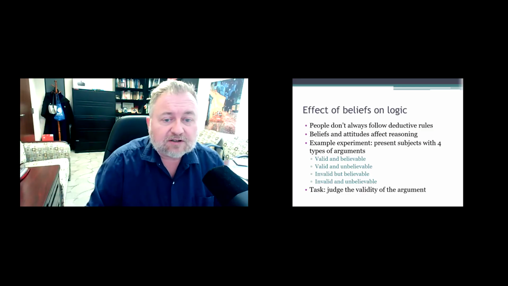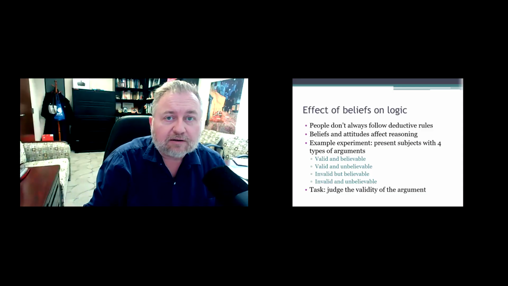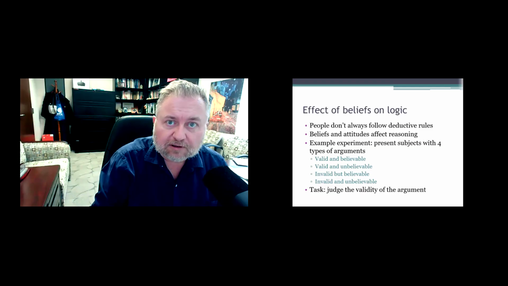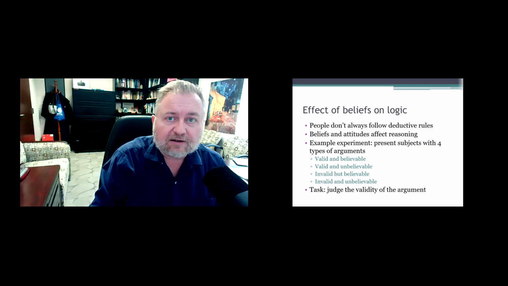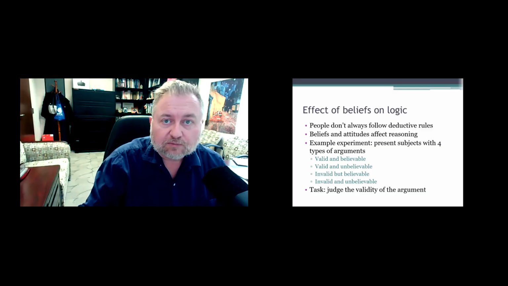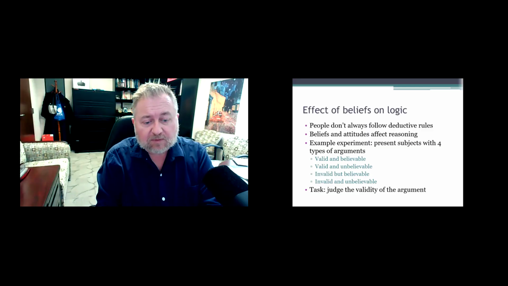This suggests that when we are judging the quality of an argument, we're not always working just on the quality of the argumentation and whether they followed, say, a modus ponens or modus tollens or anything like that, but rather we are also letting our own beliefs and our attitudes and what we think is true influence our judgments here.